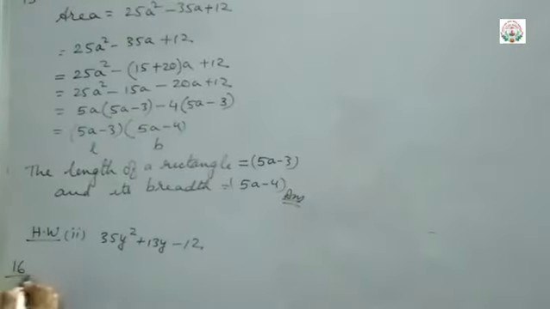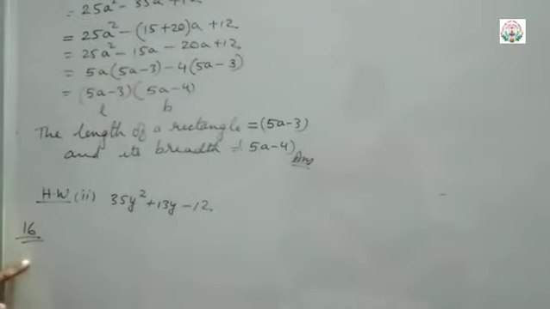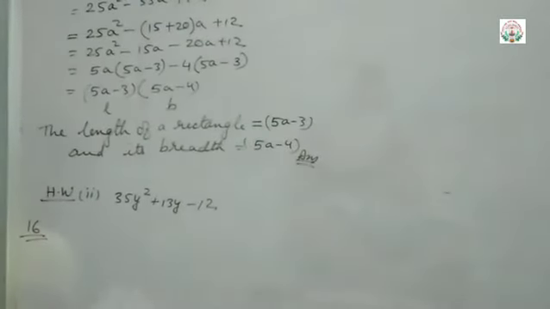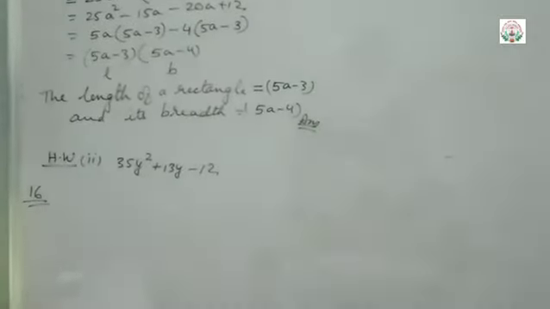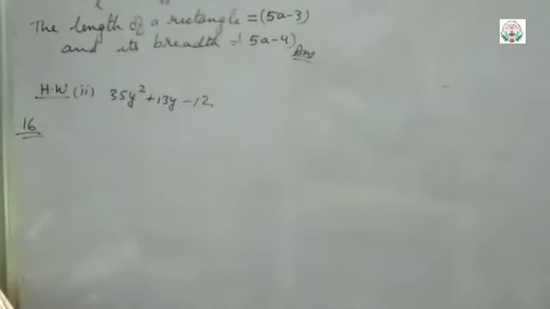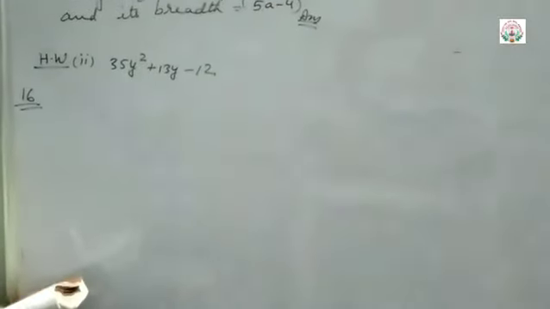Next is the 16th one, which is volume. What are the possible expressions for the dimensions of the cuboid whose volumes are given below?